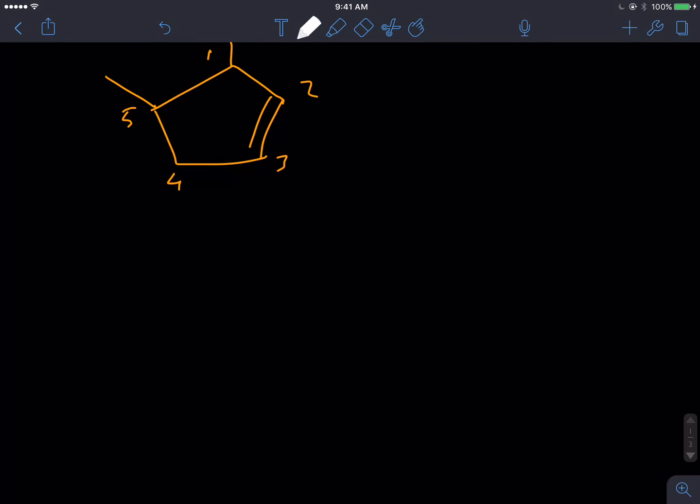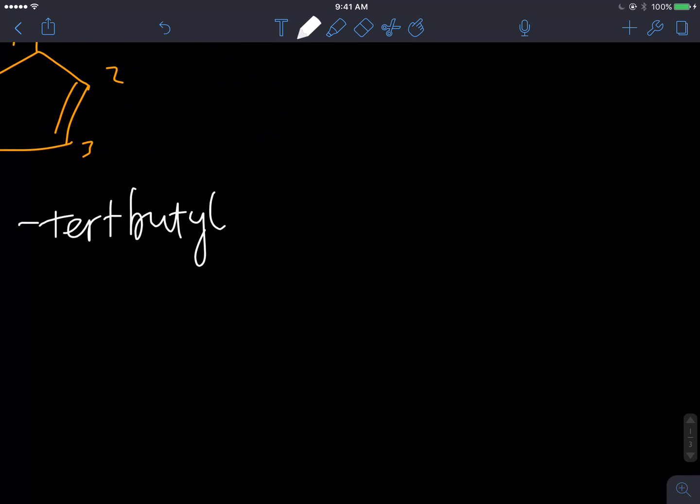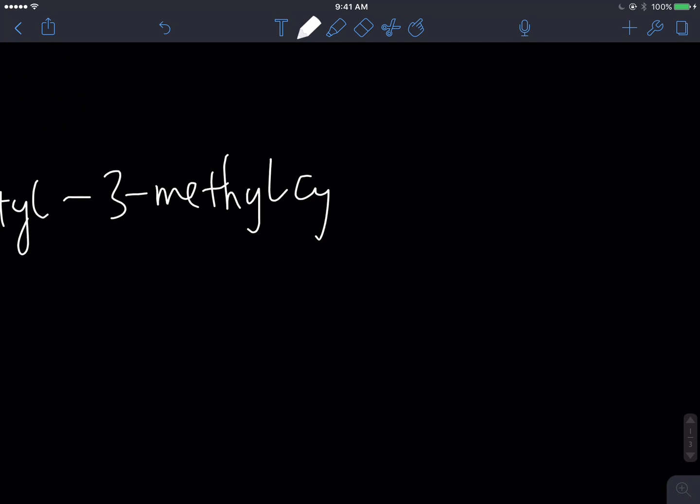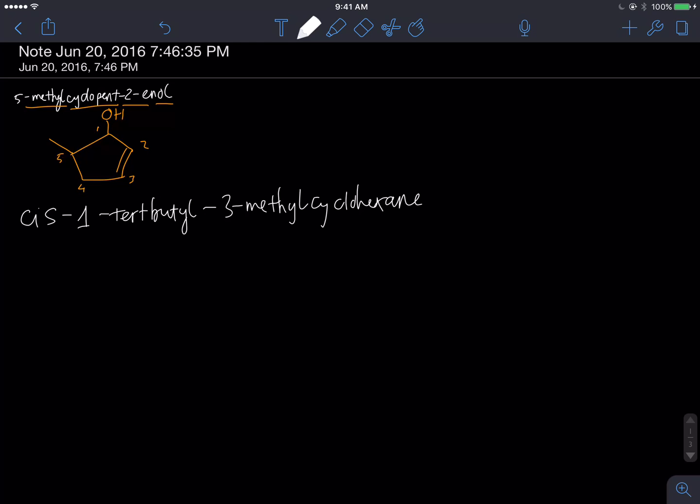I'm going to give you one name: cis-1-tert-butyl-3-methylcyclohexane. Okay, so first you have to determine the structure. So what's the structure?